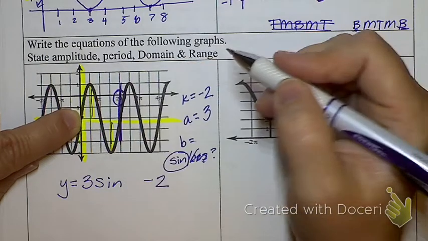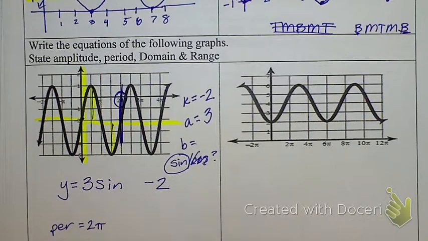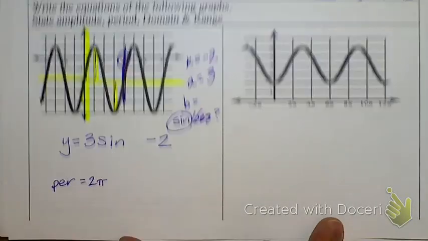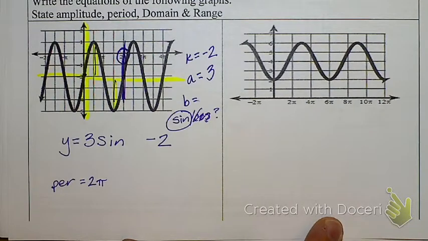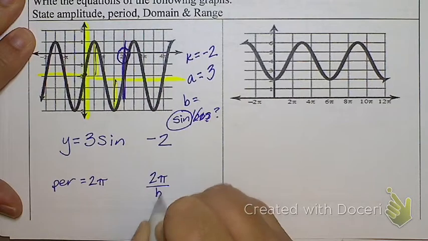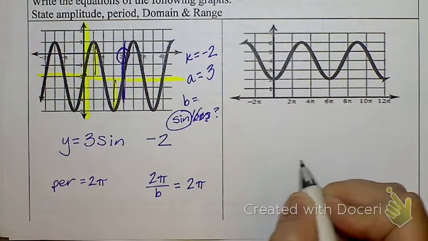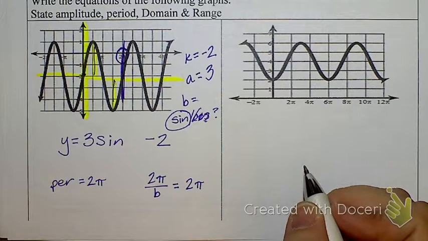2 pi. So if my period is 2 pi, how do you find the period in an equation? Don't you set 2 pi divided by b, and the result is the period, which in this case is 2 pi, sorry.